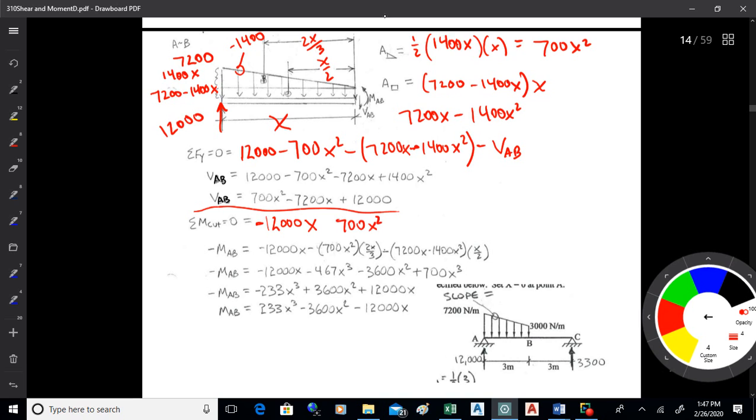That's the area of the triangle. And the moment arm for that is 2/3 x. So what I've got going on there is I've got the area and the moment arm. Now that's going to come around counterclockwise, so I've got a plus there.